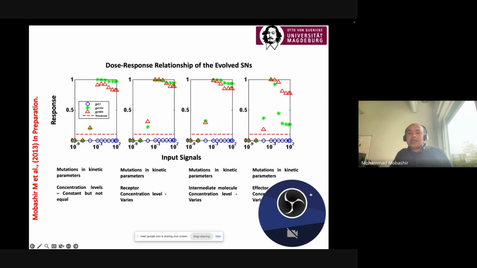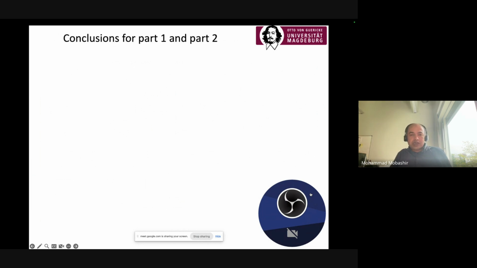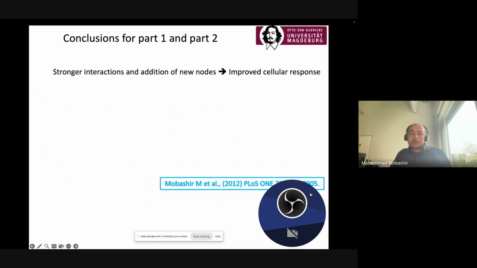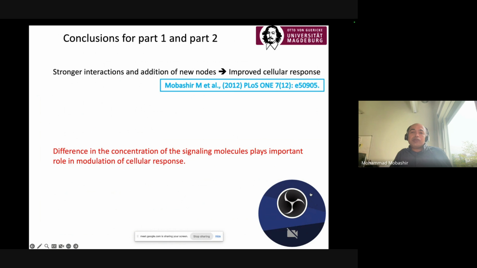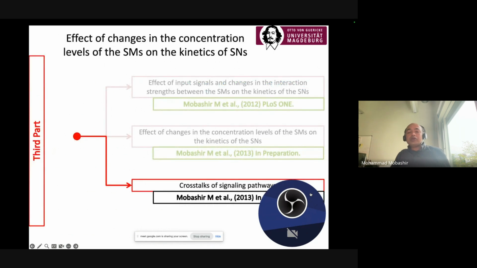Here we can clearly see that the four systems behave differently. Now, the conclusion is that stronger interactions and addition of new nodes help to improve cellular responses. Differences in the concentration of the signaling molecules play a crucial role in the nature or modulation of cellular responses.